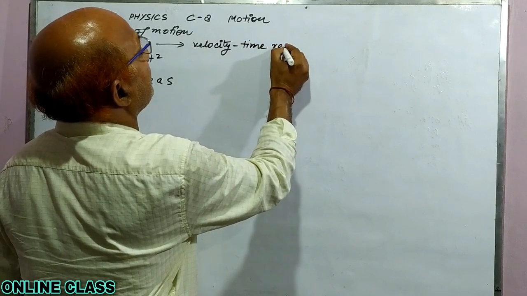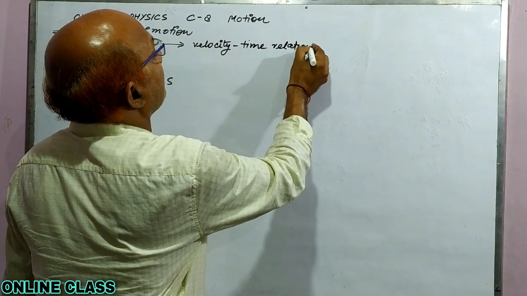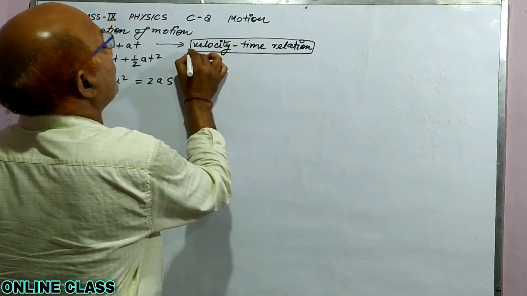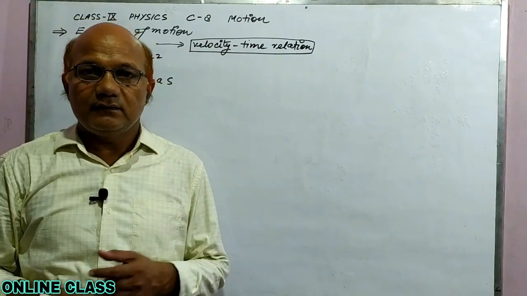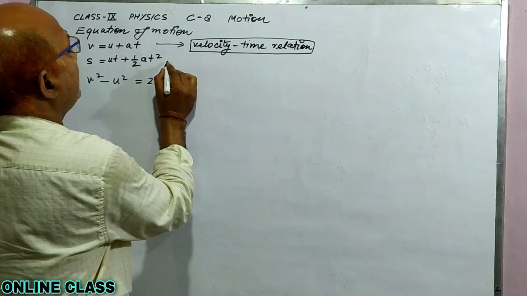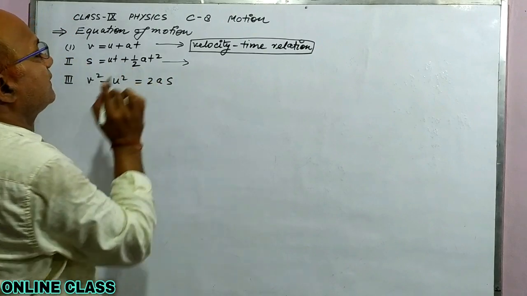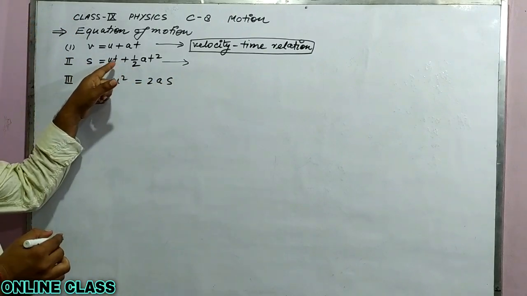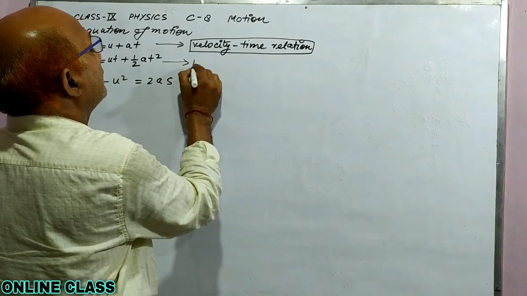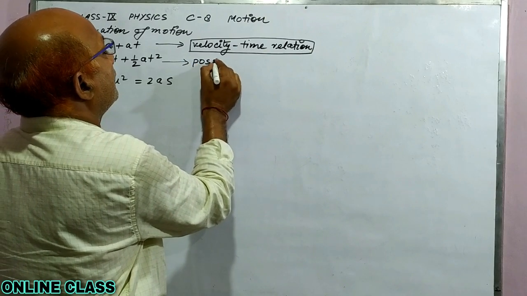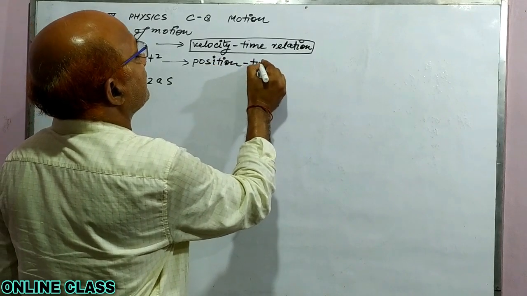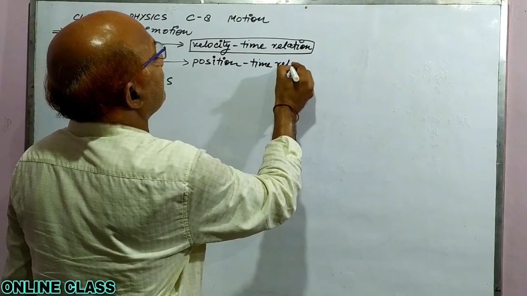Similarly, the second equation of motion, s equal to ut plus half at square, is called position time relation.